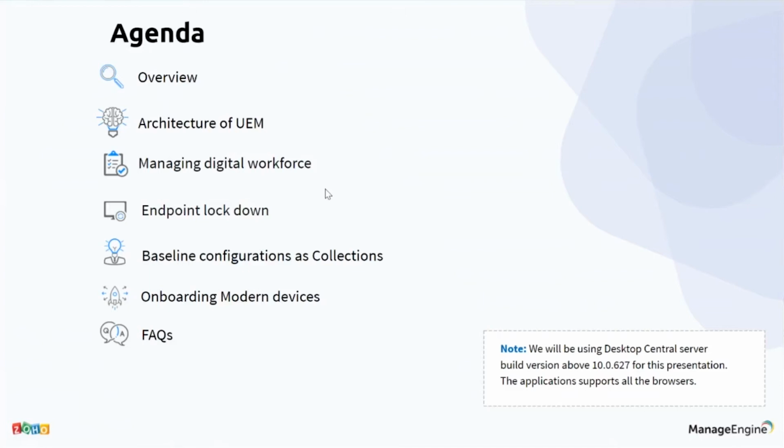With regards to configuration, we will look at some scenarios, including how to configure USB restrictions for all the machines in the domain to do the endpoint lockdown. We can also help you roll out a collection of configurations to all the users in your infrastructure. Even during the training, if you have any questions, please feel free to use the chat window. I have an expert panel with me who are ready to answer all your questions.